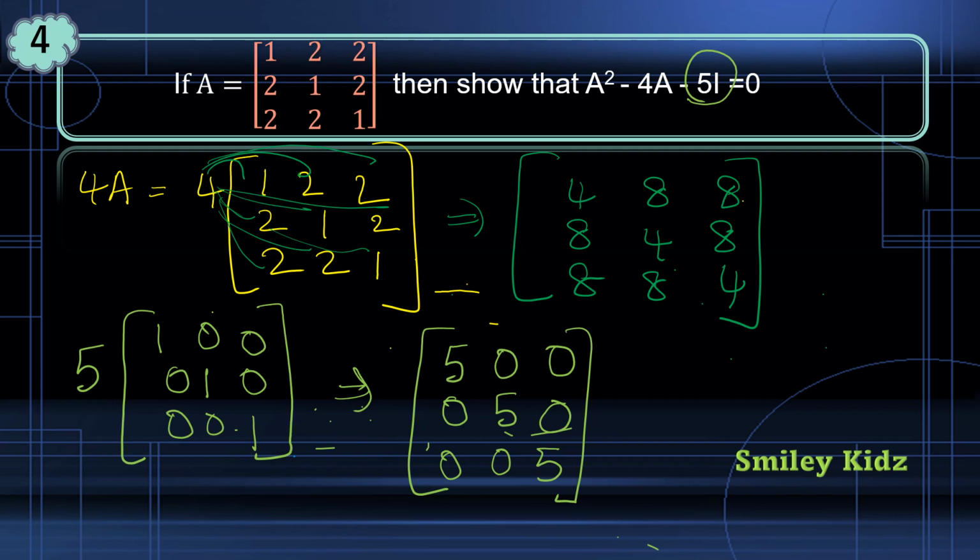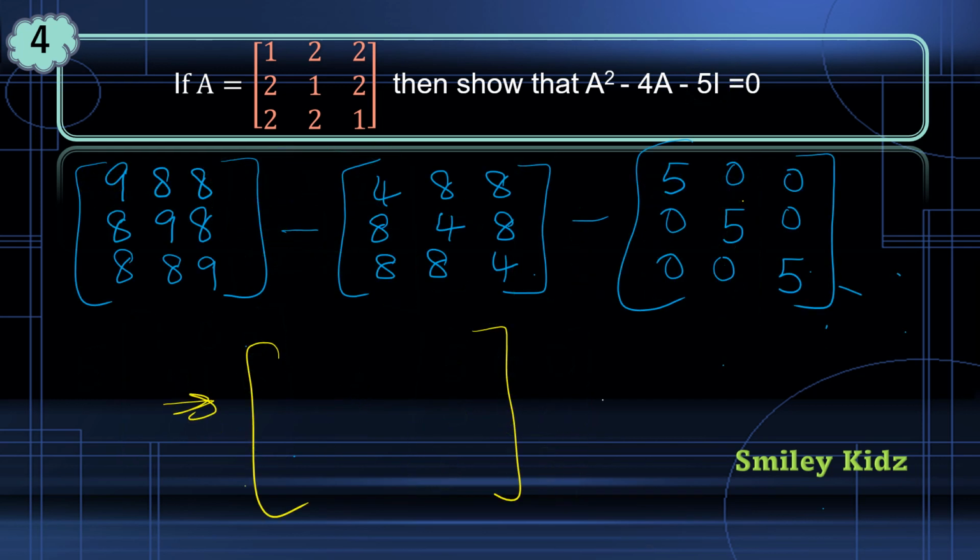Now that we got all the values, let's subtract them one by one. 9 minus 4 minus 5. 9 minus 4 is 5. 5 minus 5 is 0. Alright, let's put on 0 over here. Now 8 minus 8 minus 0. That is 0 again. 8 minus 8 minus 0.